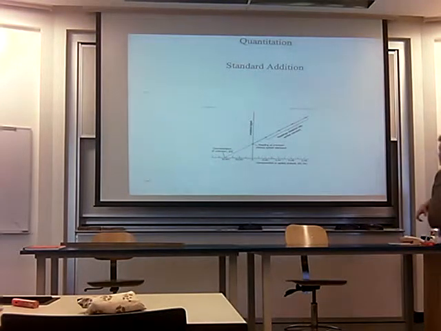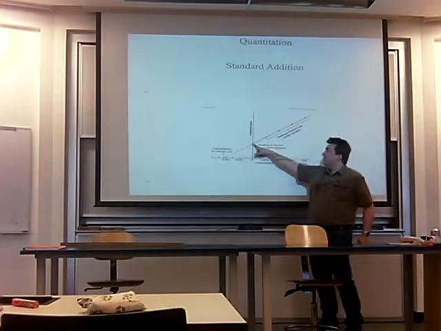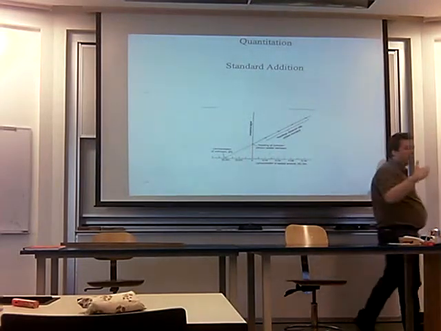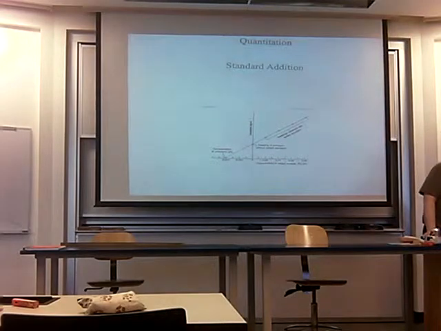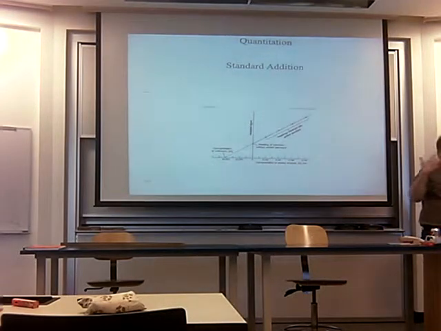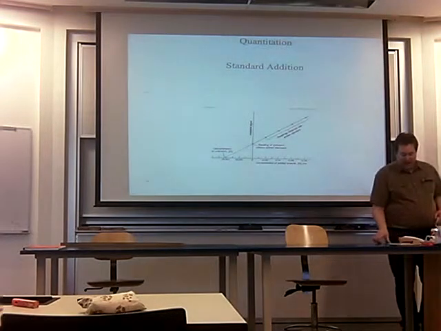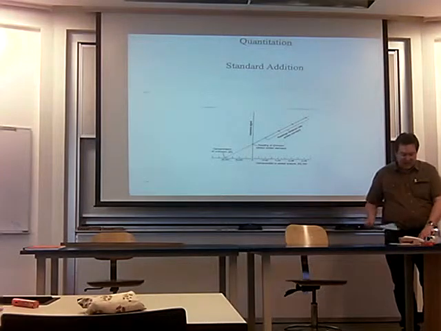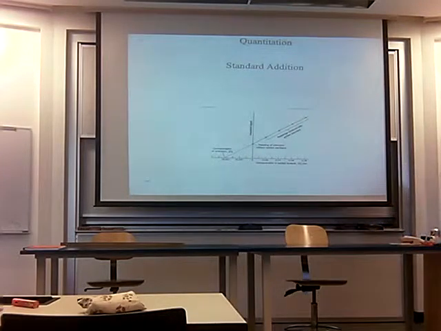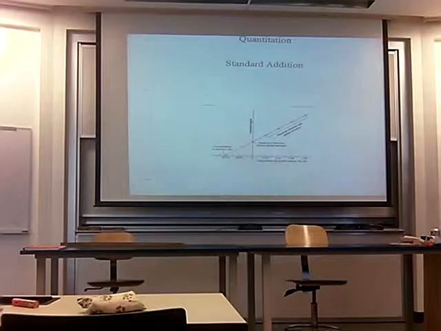That standard needs to be the same chemical species as what you're analyzing. So in the case of the calcium lab, you're trying to figure out how much calcium was in the liquid, and you doped in, or added in, known amounts of calcium standard. So for standard addition, it is crucial that what you're adding is the same element or the same molecule or the same analyte as what you're trying to measure.